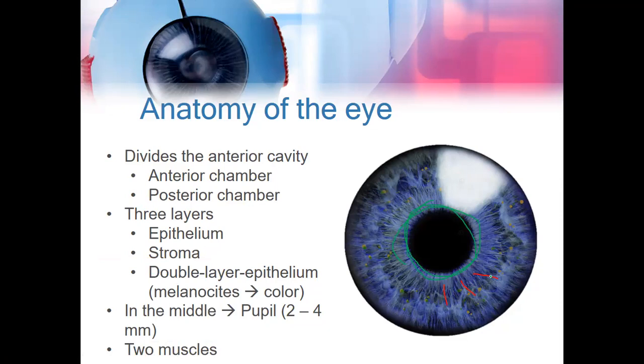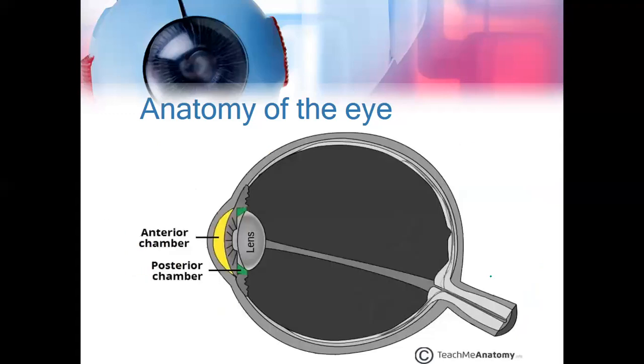So we're talking about the iris, right? The iris forms an angle with the cornea. Here we have the anterior chamber, and the posterior chamber. Here we have the iris. As I told you, here we have an anterior cavity, which would be this whole thing, and a posterior cavity, the black one.